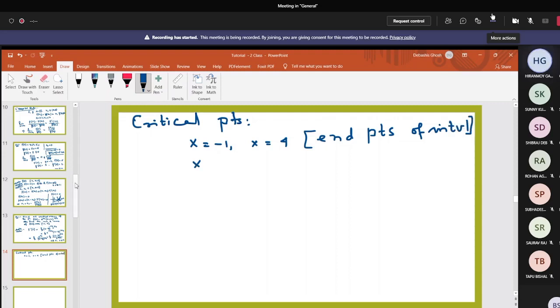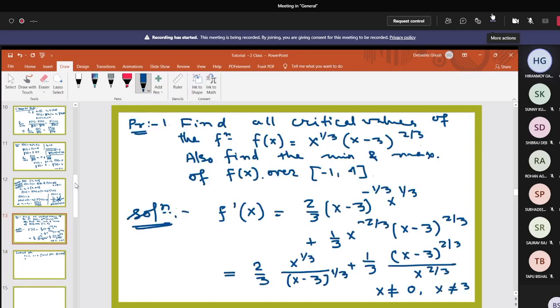You have to find the point at which f dash x equals 0.